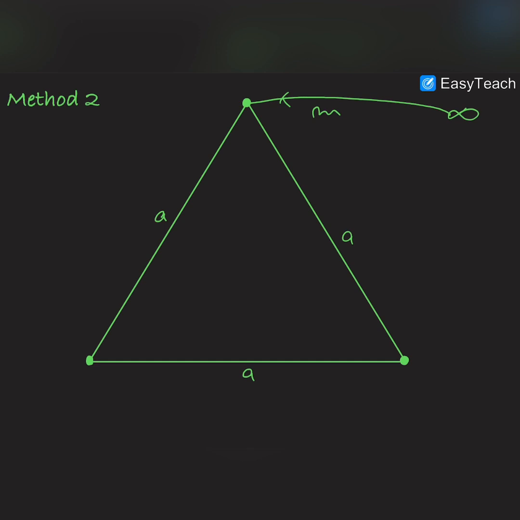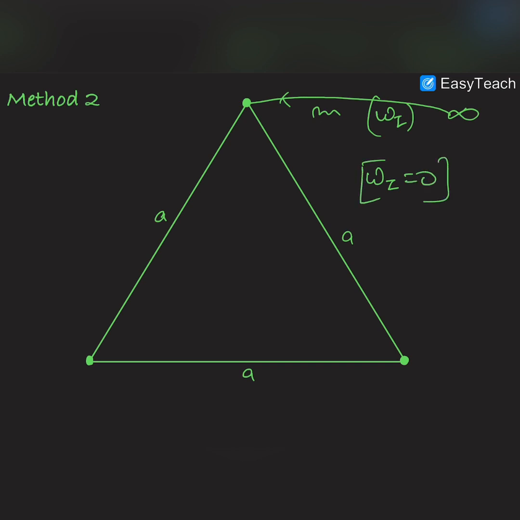Therefore, in order to bring this mass with constant velocity, we would not apply any force, because there is no attractive force to cancel. So there is no force applied by us, and therefore the work done in bringing this mass, W1, will be 0.